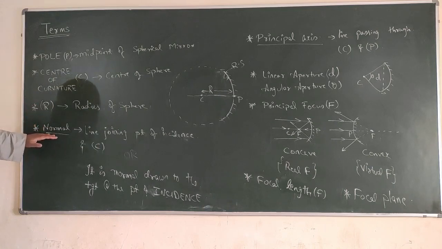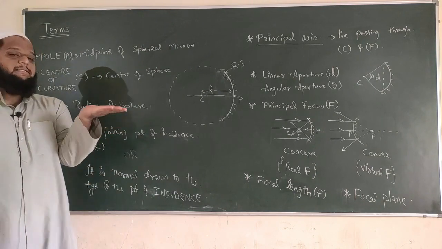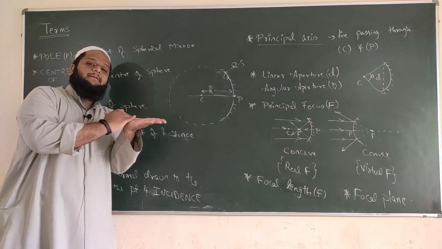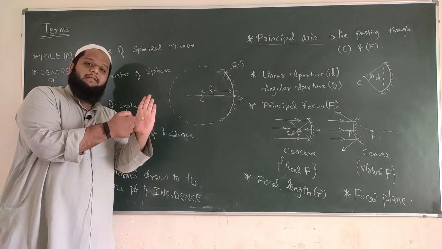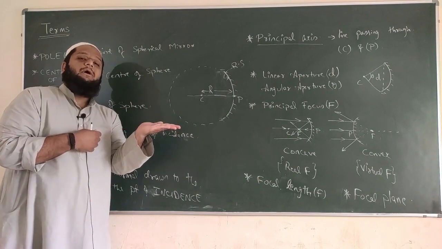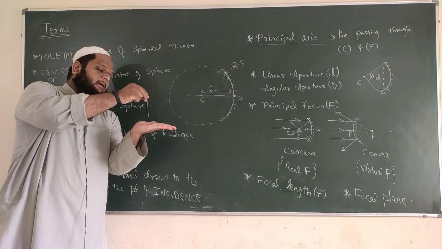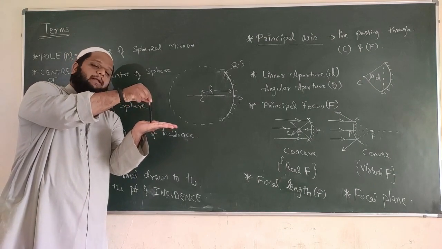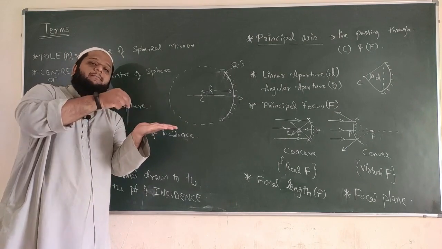This is important. Normal. What do you mean by normal? Usually, for example, this is a plane, and there is a point A on it. I tell you, for this particular plane, draw a normal at point A. Then what will you do? You will keep this pen at point A and say this pen is the normal to this plane.